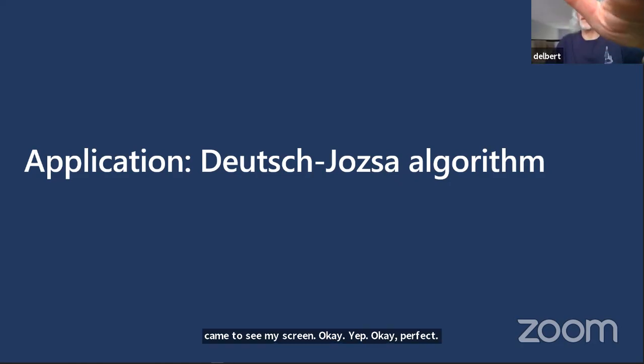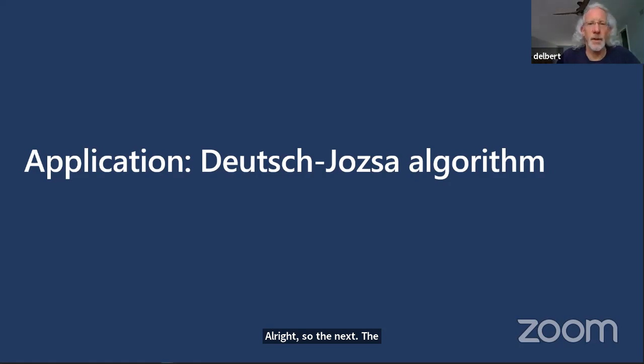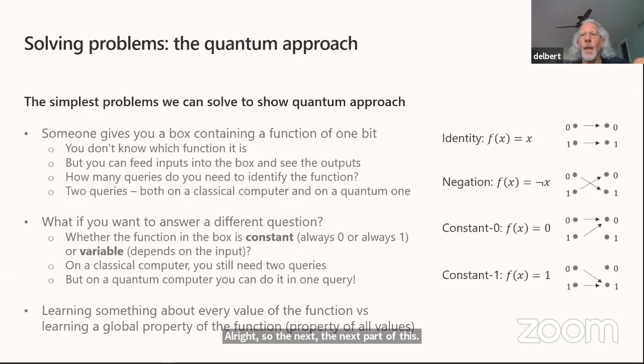All right. So the next part of this is going into a common quantum algorithm called Deutsch's algorithm. If folks are familiar with agile computing methods, or maybe even extreme programming, if you're old like me, we used to say, do the simplest thing that can possibly work as a starting point, and then build up from there.